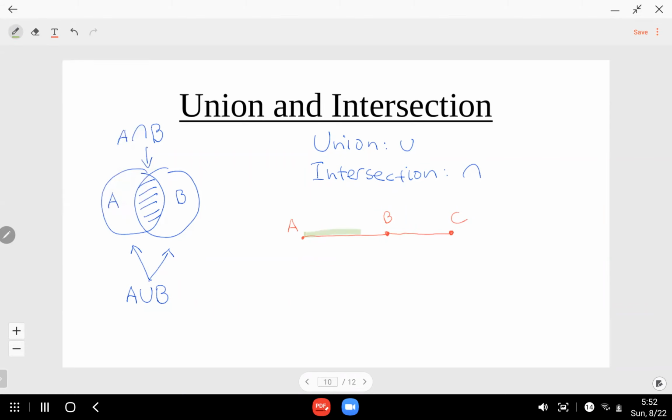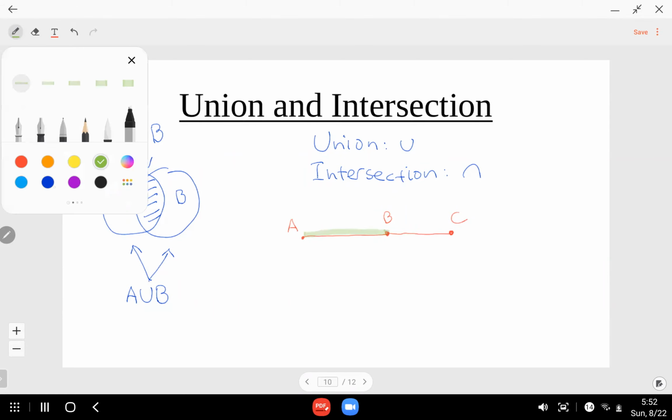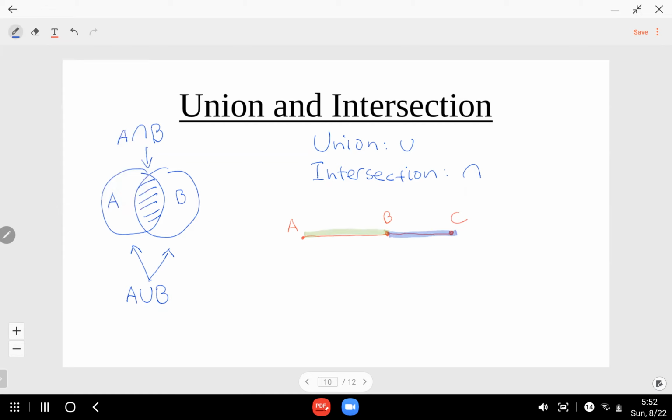So AB union BC, what is that? Union means you combine them, right? So segment AB union segment BC would equal AC because you're combining them. You're taking everything and squishing it together into one.